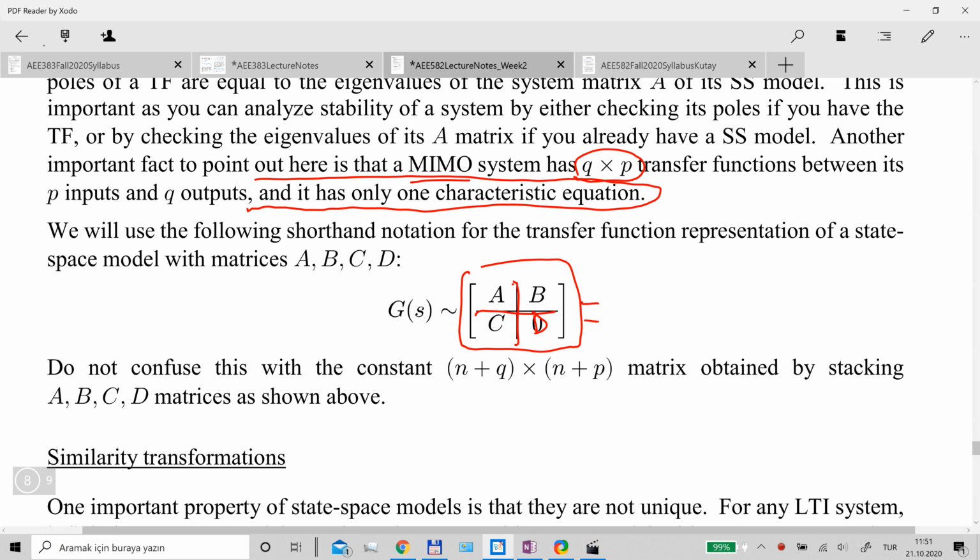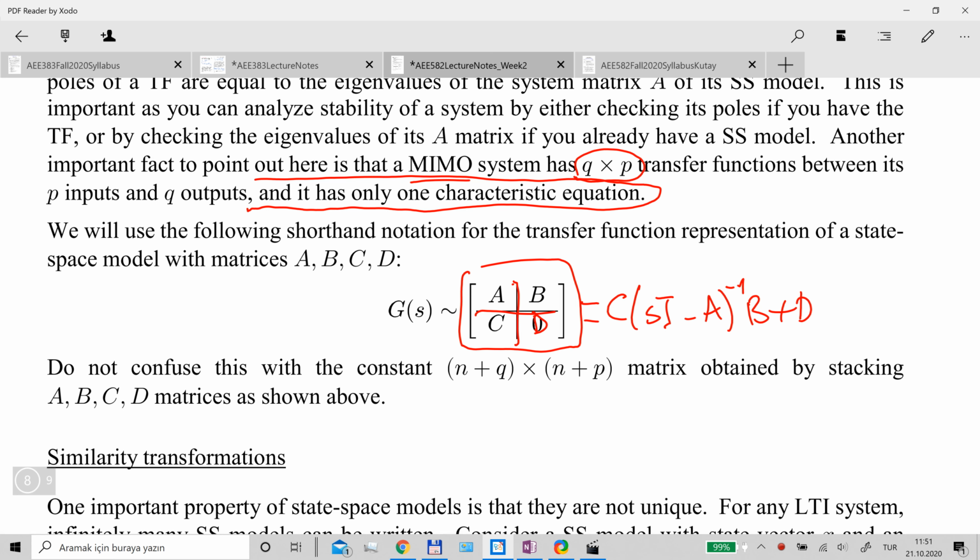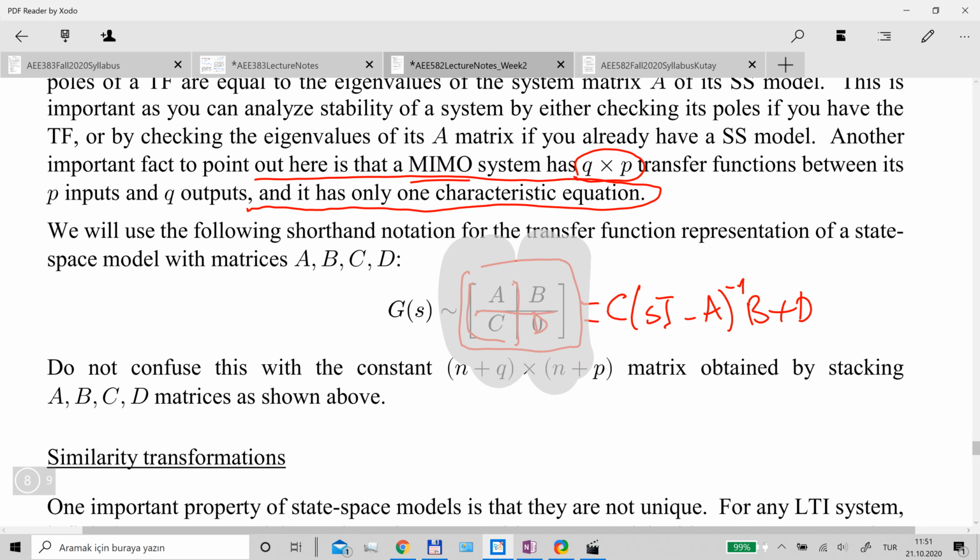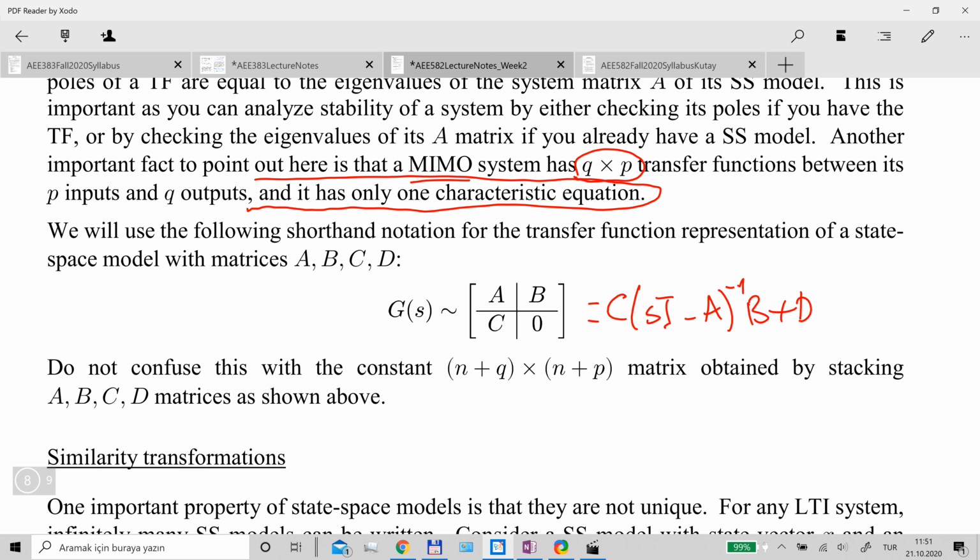So this is equal to that expression we had above, C times (sI minus A) inverse times B plus D. Okay, so do not confuse this with a constant numerical matrix that you can obtain by stacking the A, B, C, D matrices into a single matrix, which you can do because these are dimensionally compatible. Rather, this notation will give you a function of s, the transfer function matrix of s.